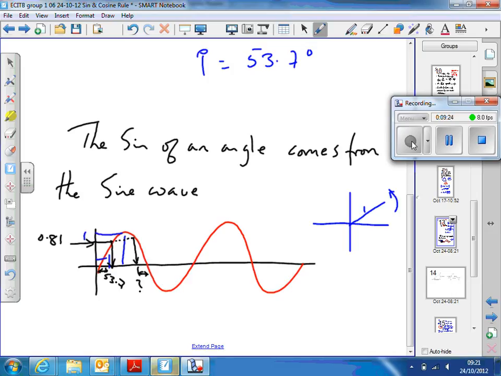What is 180 degrees minus 53.7? 126.3. Key into your calculator sine of 126.3 degrees. You should get the same, 0.81.